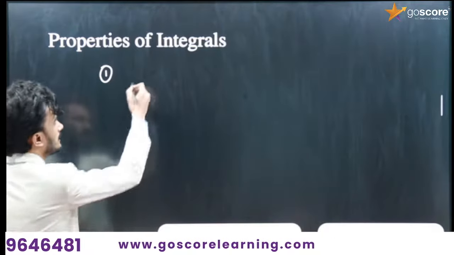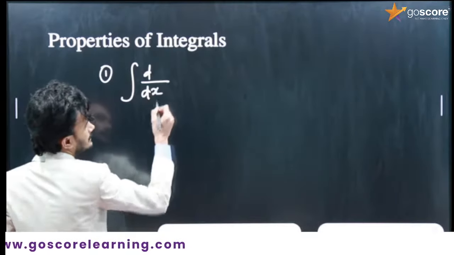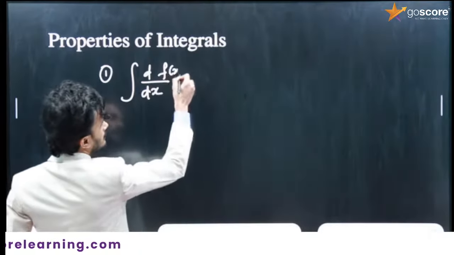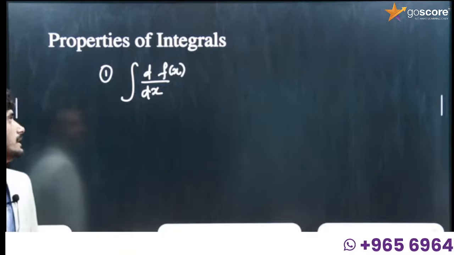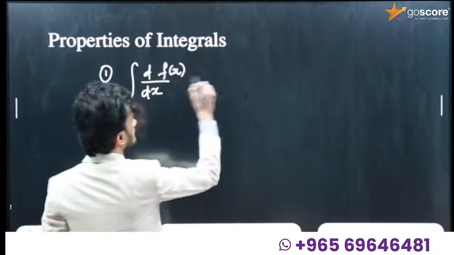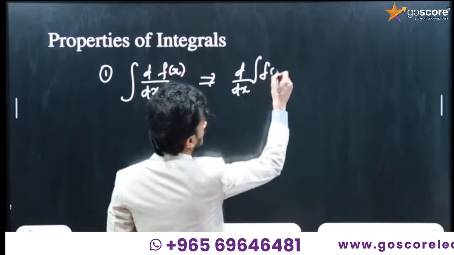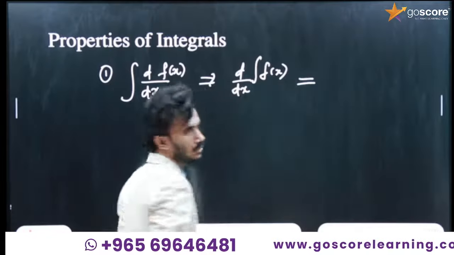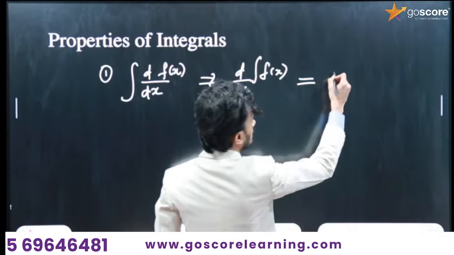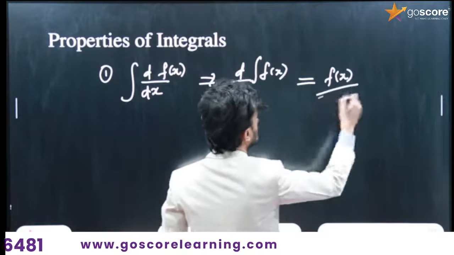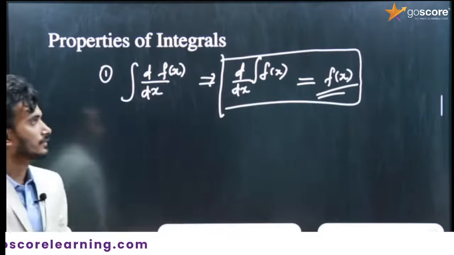So the integral of d by dx of a function f of x, or we can write d by dx of the integral of f of x, will cancel out, so it is equal to f of x. This one is the first property.